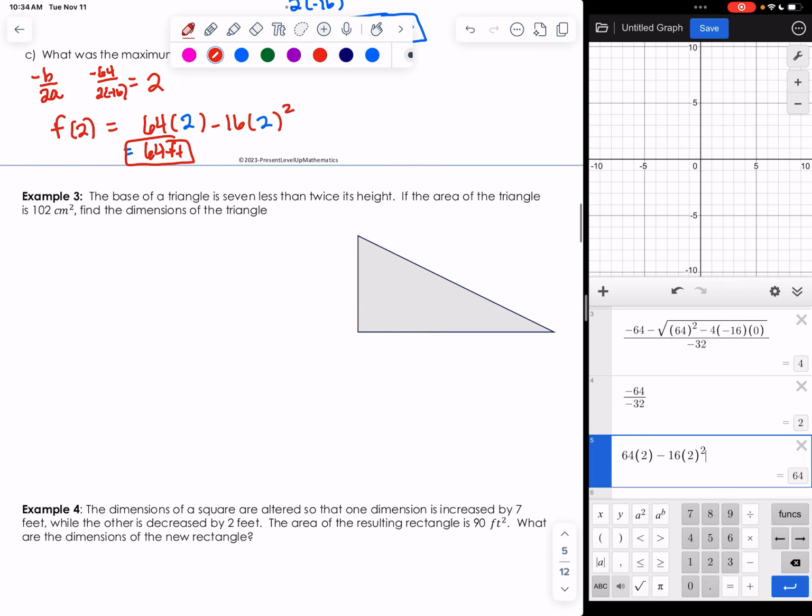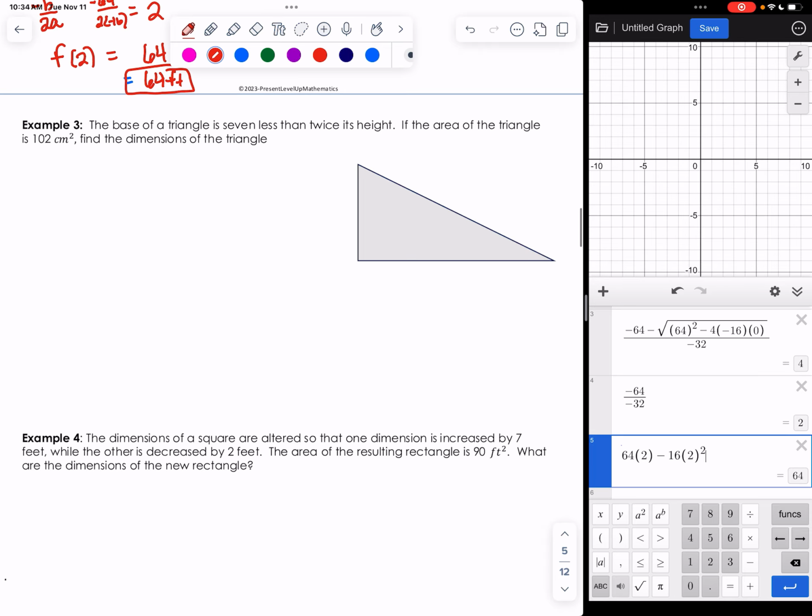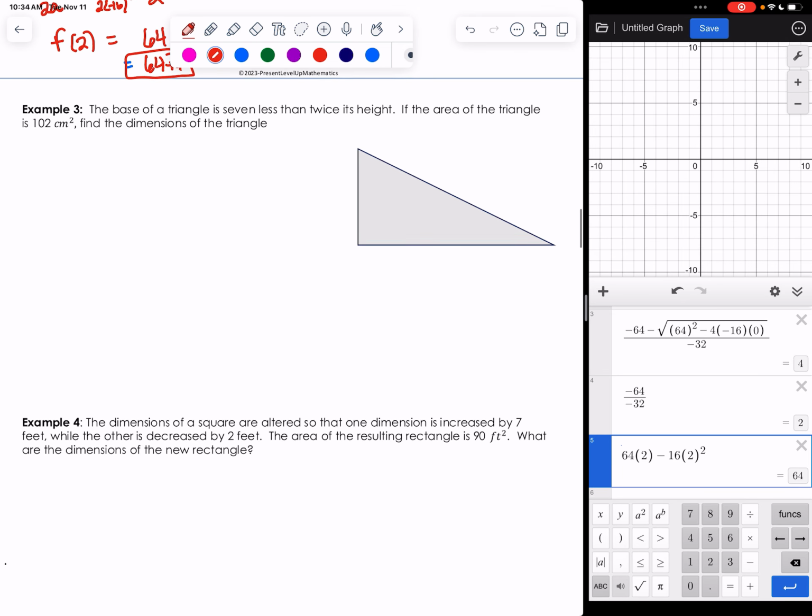All right, example 3. The base of a triangle is 7 less than twice its height. If the area of the triangle is 102 centimeters squared, find the dimensions of the triangle. So here we have a height, we'll call h, and the base is 7 less than twice the height.